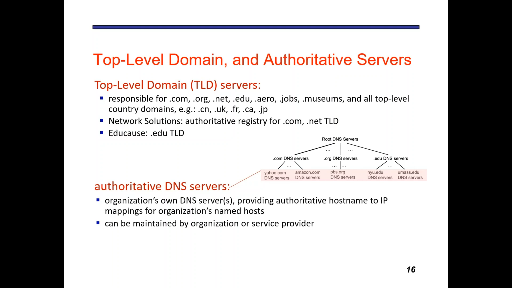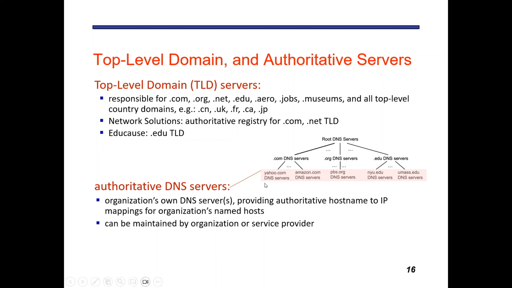So they have the authoritative name server for yahoo.com, amazon.com. And these authoritative name servers contain the domain name to IP mapping of their other domains. For example, mail.yahoo.com. These records will be in the authoritative name servers of Yahoo, etc.